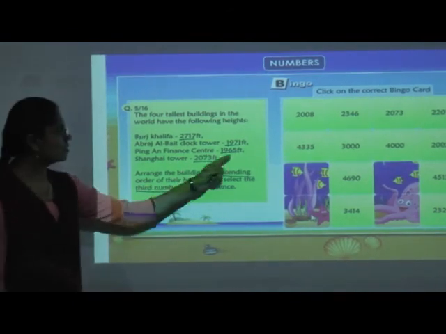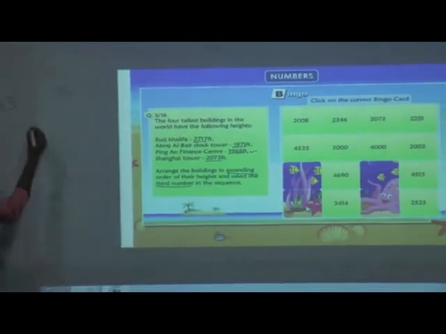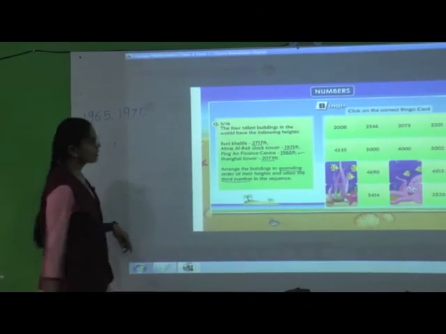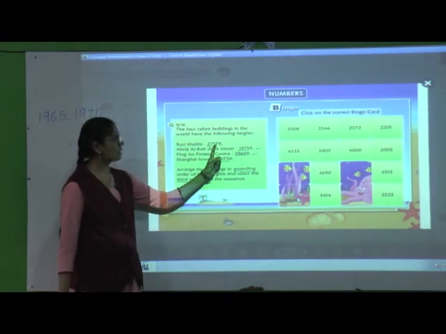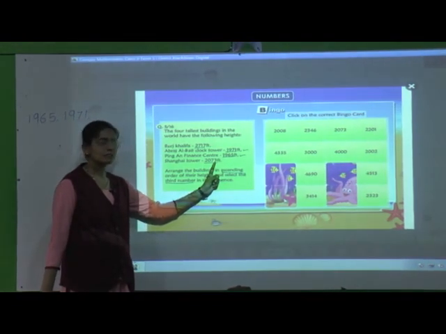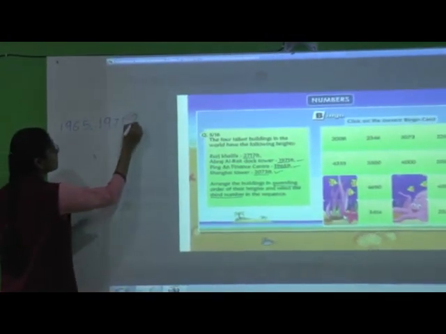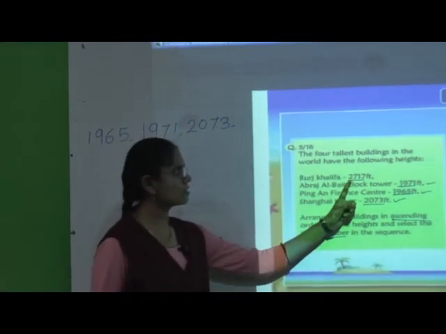Now this is over. Then 1971 will come. Then third one, which number will come? 2717 or 2073? Yes, of course, 2073 will come. And the last, which number is the greatest?